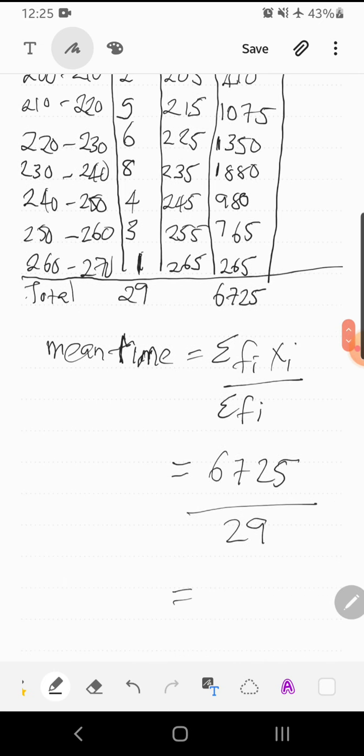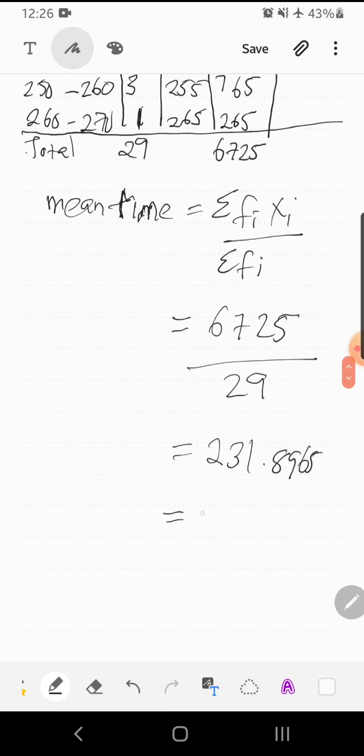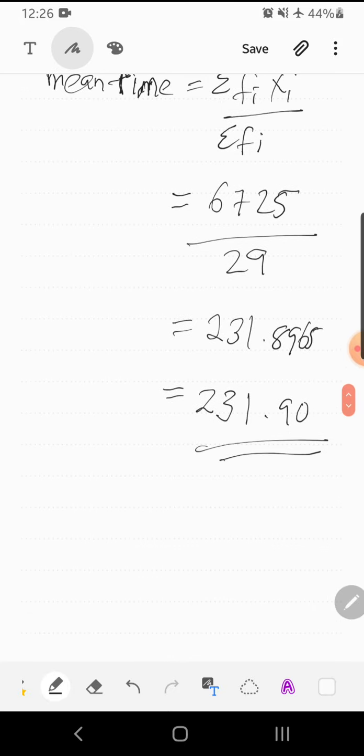Then this gives you 231.8965. You just approximate it to 2 decimal places: 231.90. So that is your mean. Okay, so that's how we get our mean.